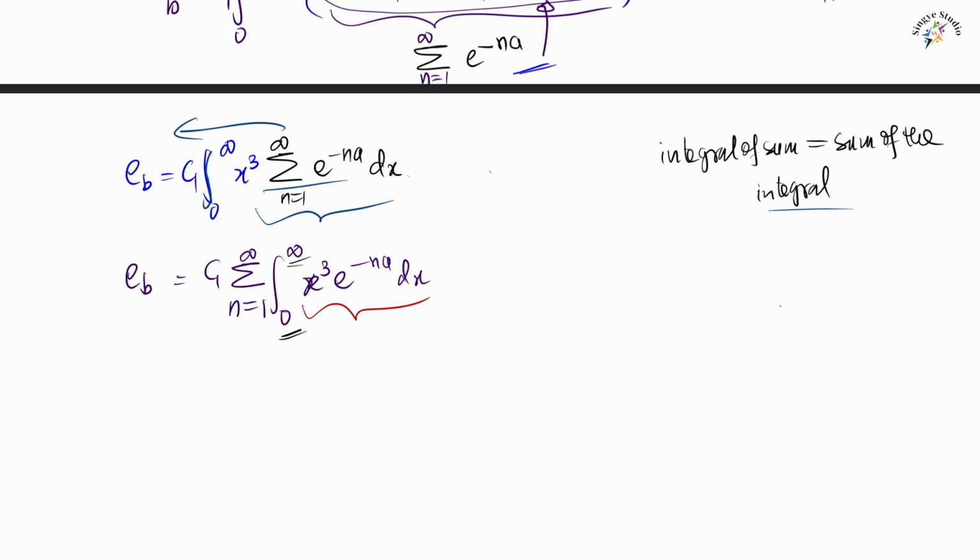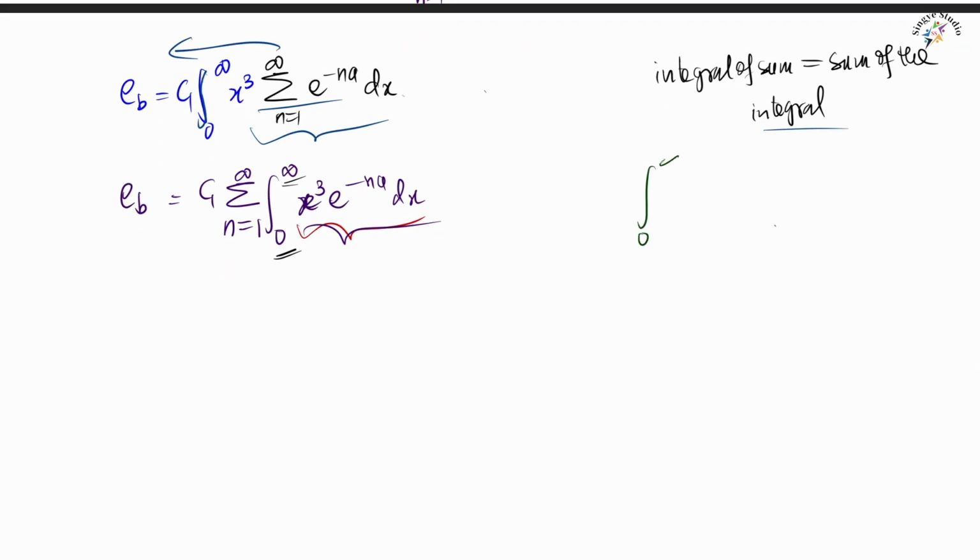We have a very interesting result for this form: the integral from 0 to infinity of x^i e^(-kx) dx converges nicely to i factorial upon k^(i+1). So you have to be very careful to convert this form into that form.